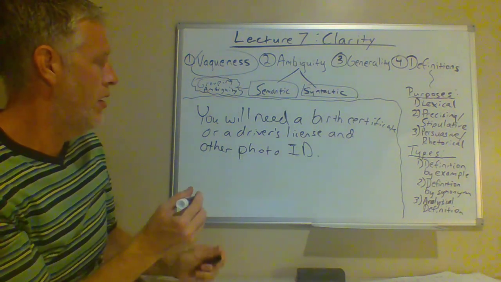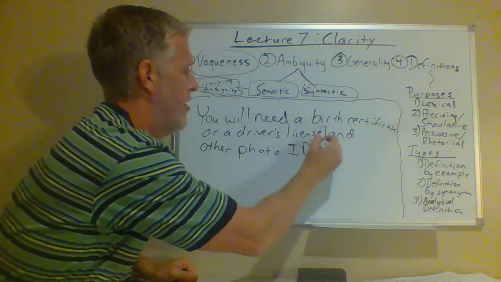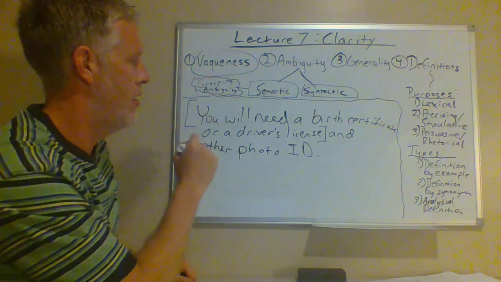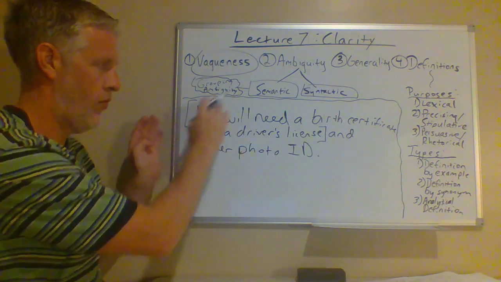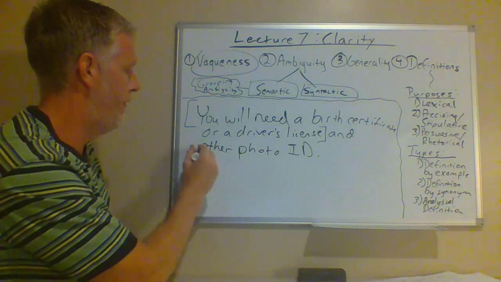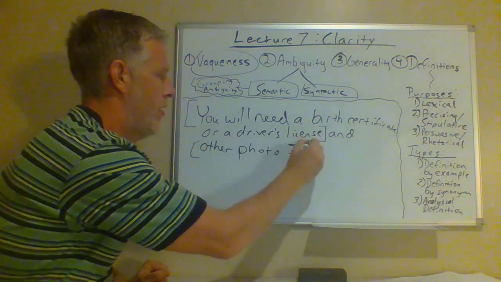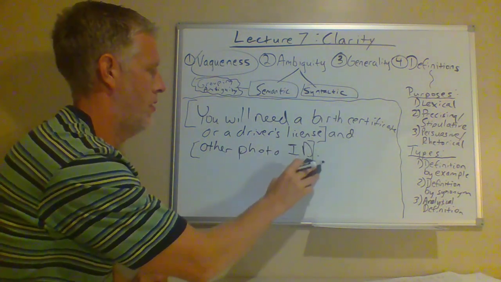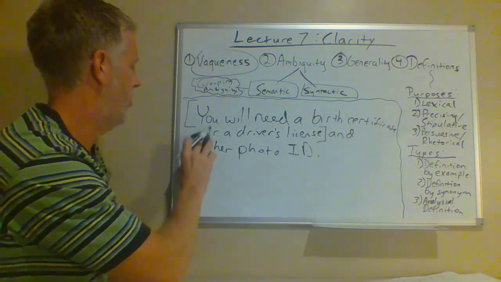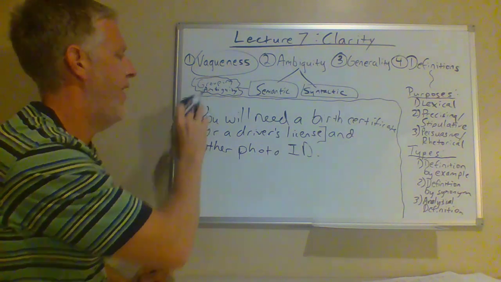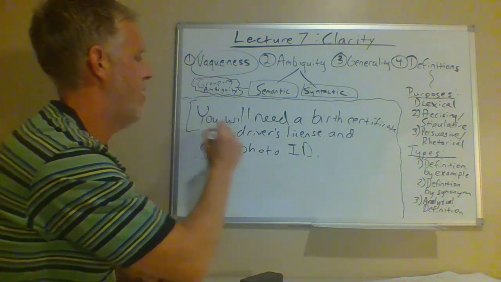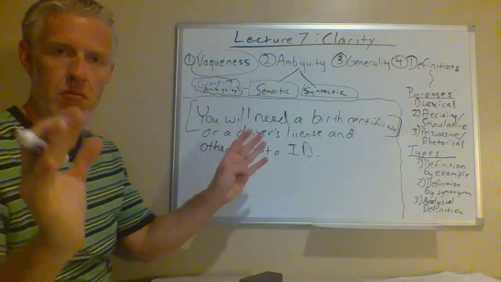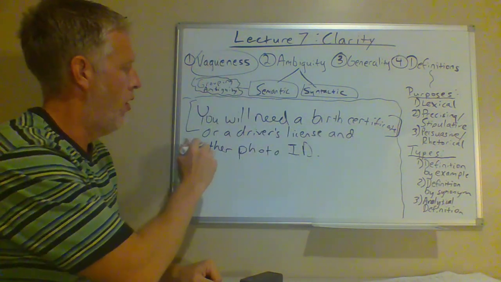Because on the one hand, right, we could interpret it this way, okay? So you will need a birth certificate or a driver's license, okay, one of those two, and then also a photo ID, other photo ID, okay? But alternatively, and equally valid, we could say, right, or it could be, you will need a birth certificate, okay?